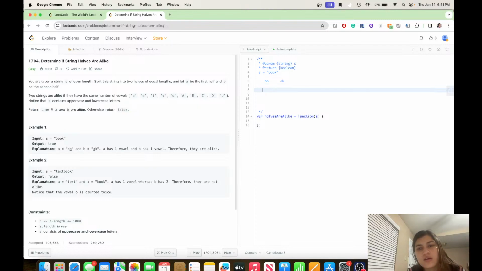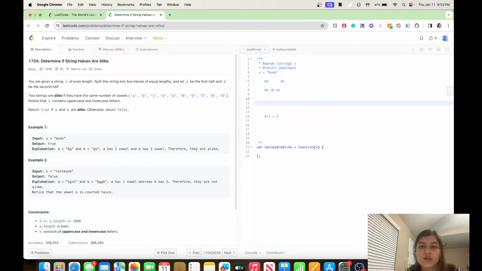Okay. So it means even length. If the length is 4, then I can only split it into two halves of 2 and 2, right? If it was 6, then I could split it into 3 and 3.